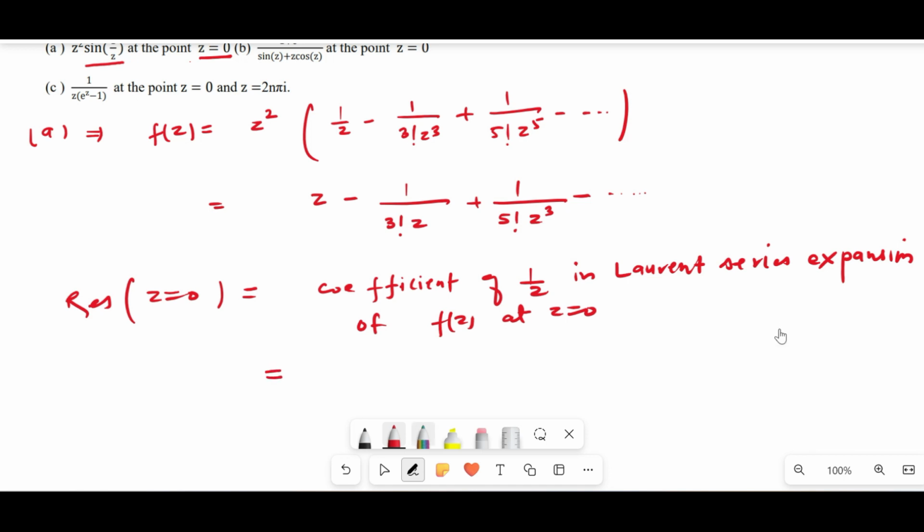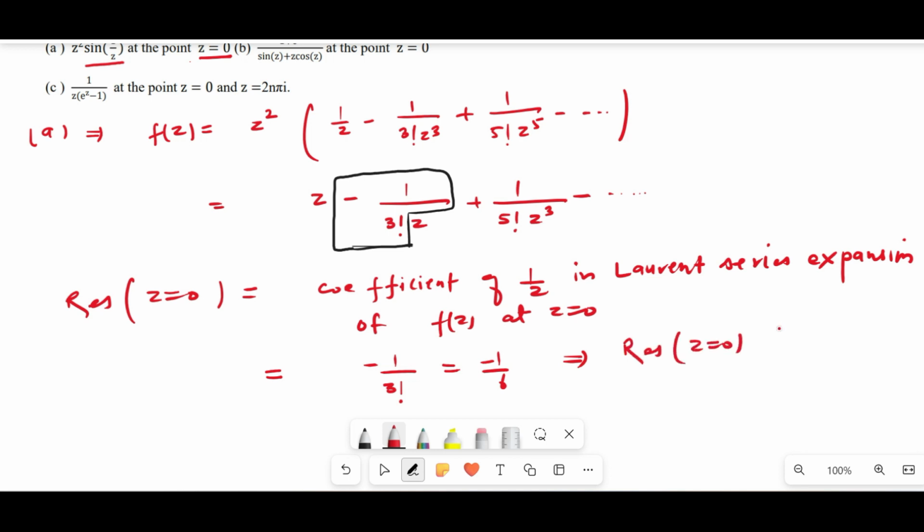So the coefficient is, we can see the term this one. So this is our required coefficient of 1 by z in the Laurent series expansion. So this value is equal to negative 1 upon 3 factorial, that is negative 1 upon 6. We can write here the value of residue at z is equal to 0 is equal to negative 1 by 6. So this is our required answer.